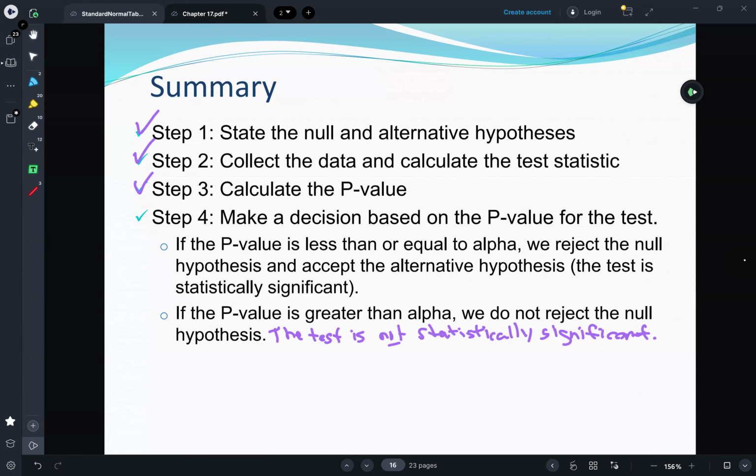Otherwise, you did not reject the null hypothesis. This is a really good slide to put it together, right? 4 steps. Again, I'm going to add a step 5, sort of like saying in words, what does this mean based on the scenario. So we'll look at an example.